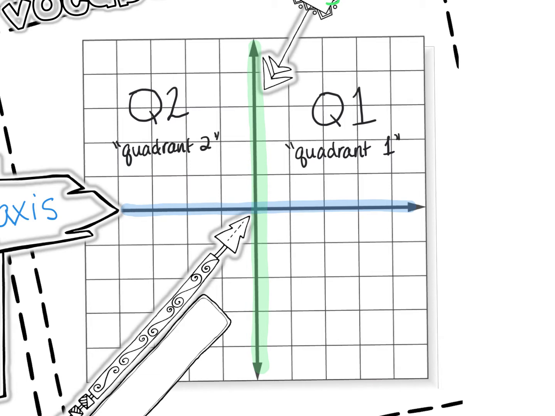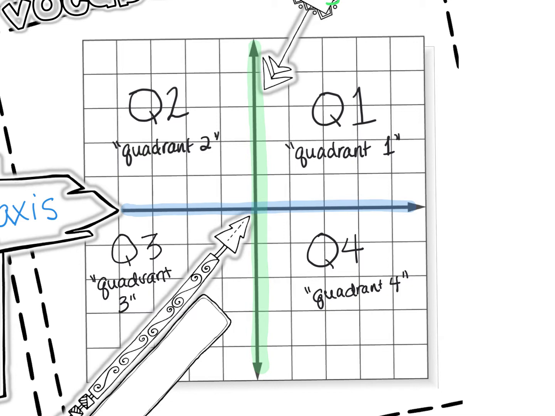Please write that down. The third quadrant is, you could probably guess, called quadrant 3. And then the last quadrant is quadrant 4. Make sure you have written down all of the quadrants onto your page.